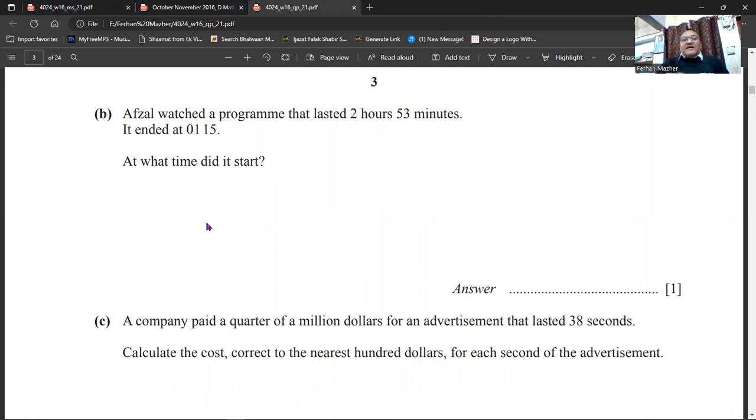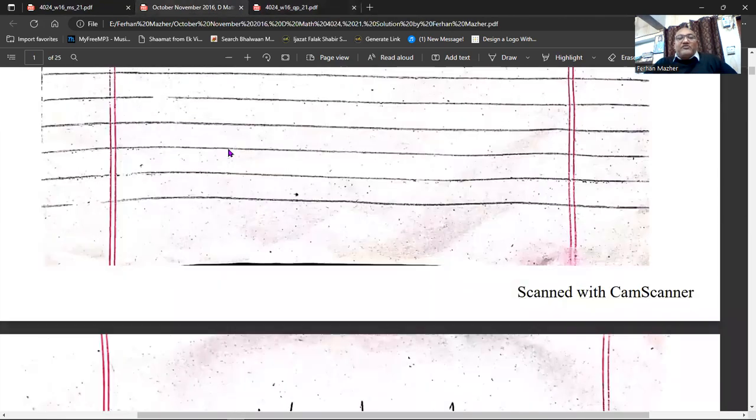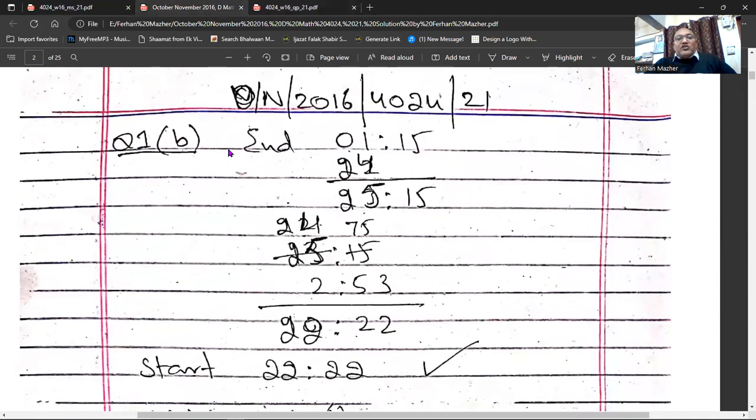Because this program ended at 1:15, I will first of all add 24 to this one, and then from whatever time I get, because it is in the next day, I will subtract 2 hours and 53 minutes. So I will get at what time the previous day this program started. So the program ended at 1:15, so add 24 hours to this. So you get 25:15.